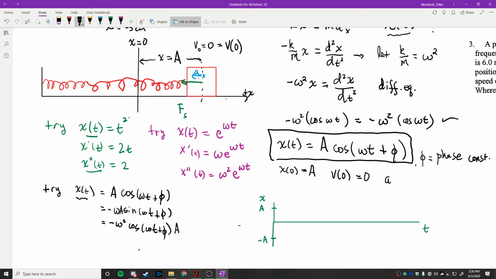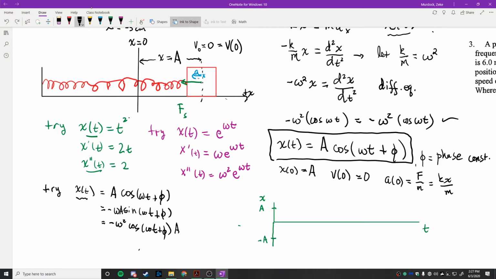And we also know the acceleration at time equal to 0, what would that be? Wouldn't it be the force divided by the mass? But it needs to be negative.